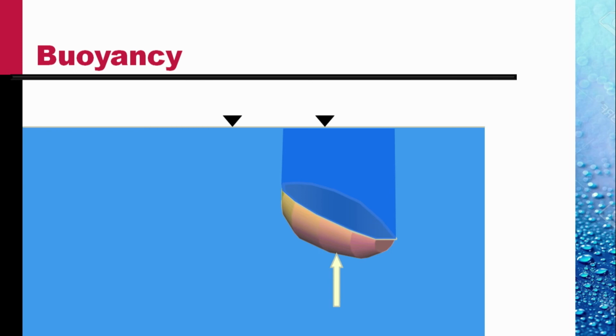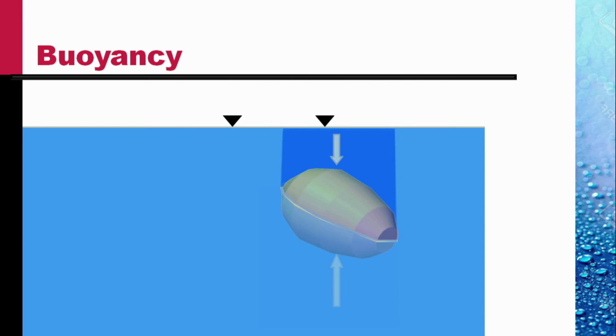Now the other half of the surface supports this column of water above it. So the pressure force on this upper half of the body is downwards, equal to the weight of this column of water.